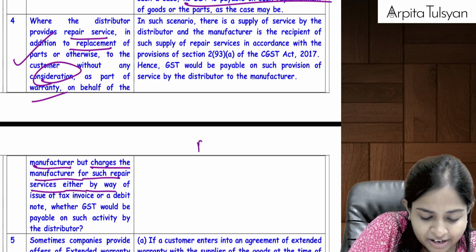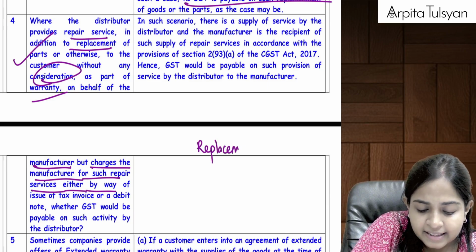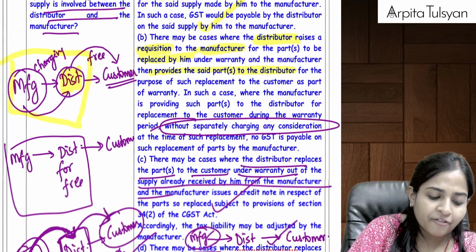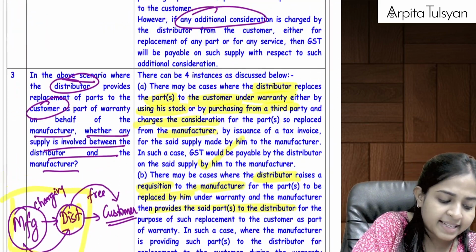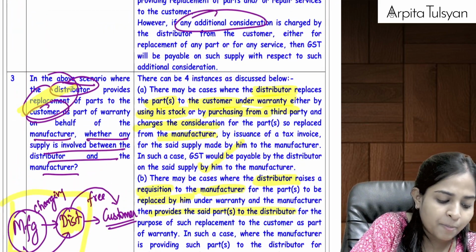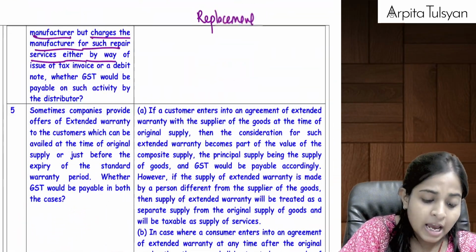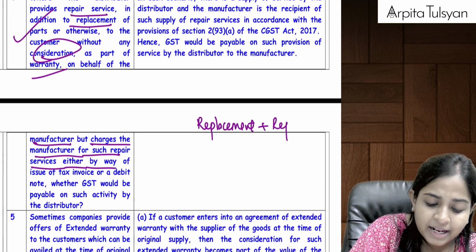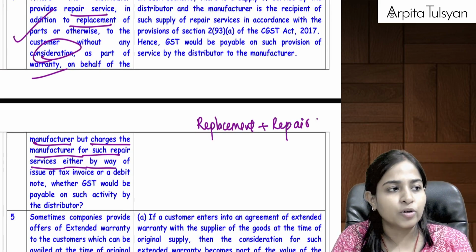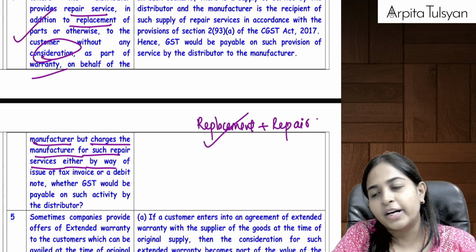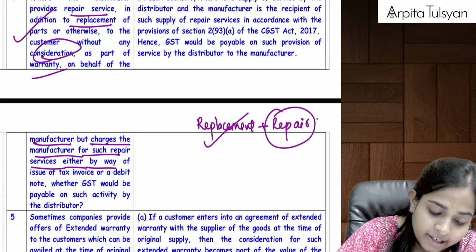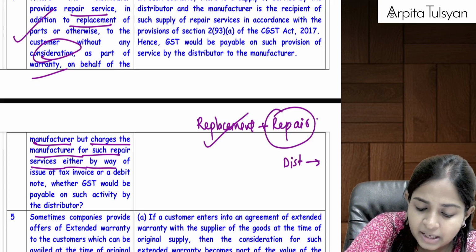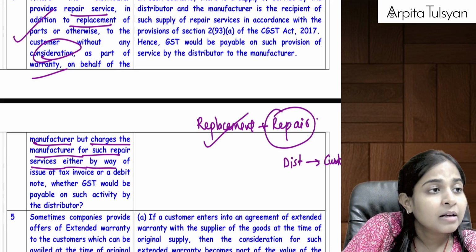See, if replacement of parts is done, then we have already seen that above, including where we get the spare parts from. This third point was mainly talking about replacement only. Now they are asking, what if along with replacement, repair services are also done?